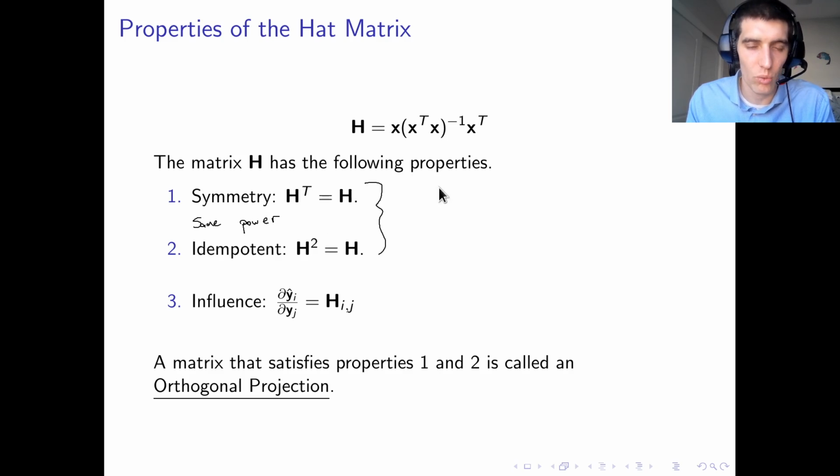Symmetry actually relies on one important property, which I haven't mentioned, but you can convince yourself that it's true: the inverse of a symmetric matrix is itself symmetric.